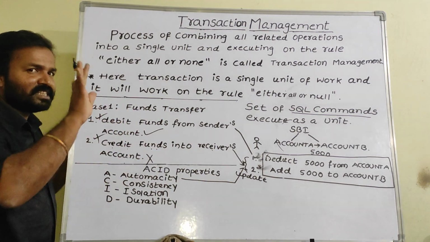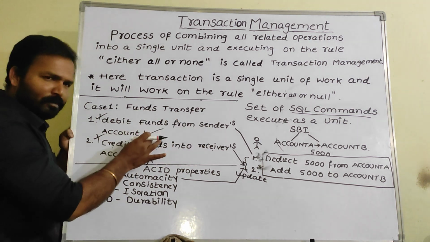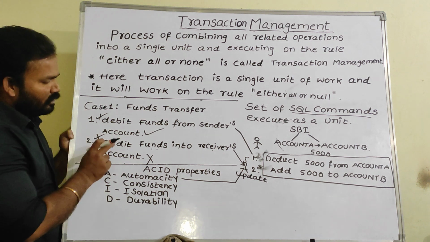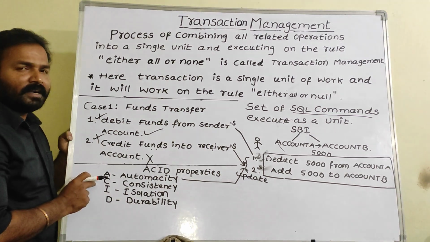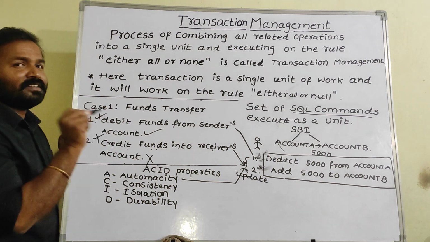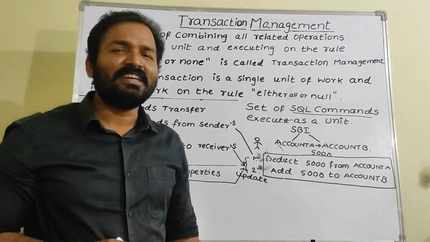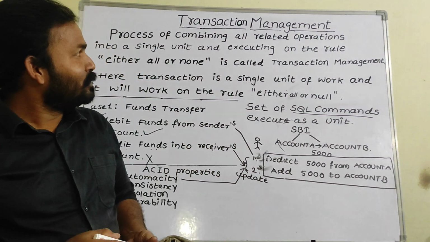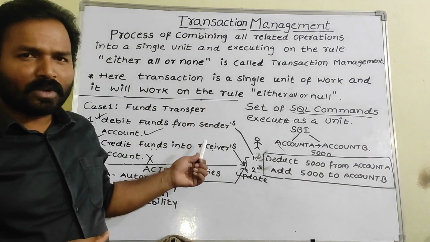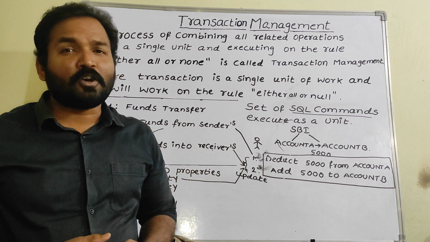If the debit from the sender's account is completed and the credit into the receiver's account fails, there may be a data inconsistency problem. Inconsistency means incorrect. So that is about transaction management and what a transaction is, and we discussed Atomicity.